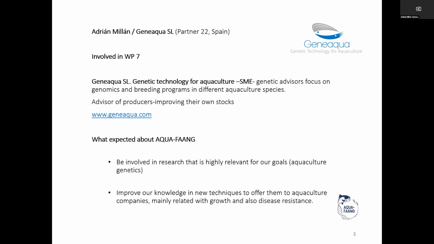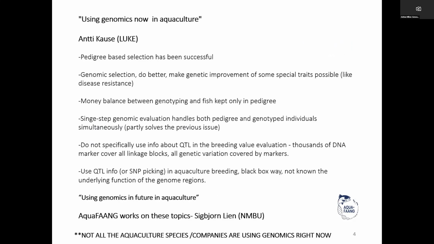We also want to improve our knowledge of new techniques to offer to the aquaculture companies, mainly related to growth and disease resistance, which the companies want to increase or improve. We had 2 different presentations before.